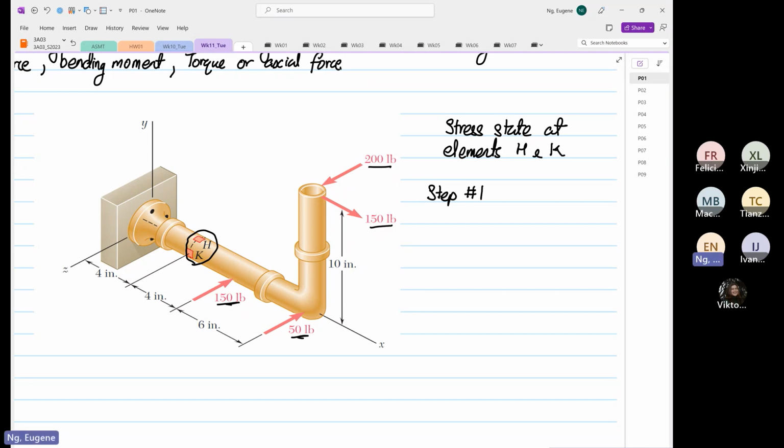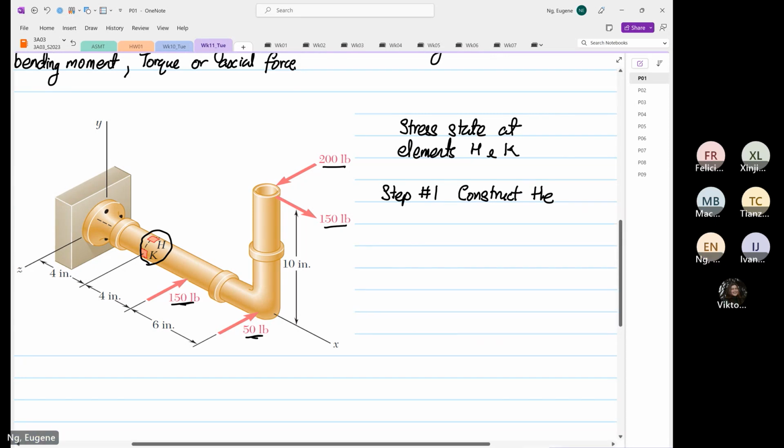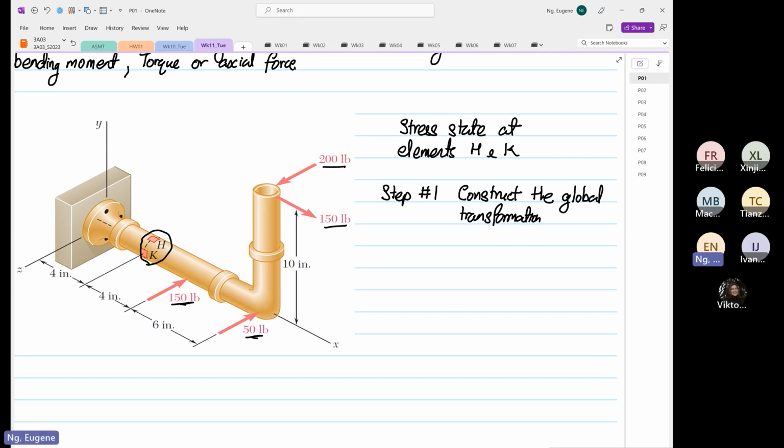I'm going to write out the procedure of what you must do first. Step number one, if it's not given, you have to construct the global transformation. This is given.